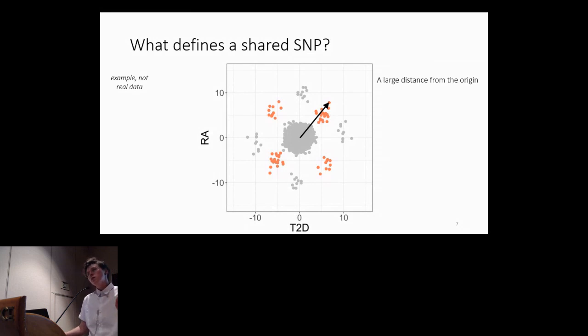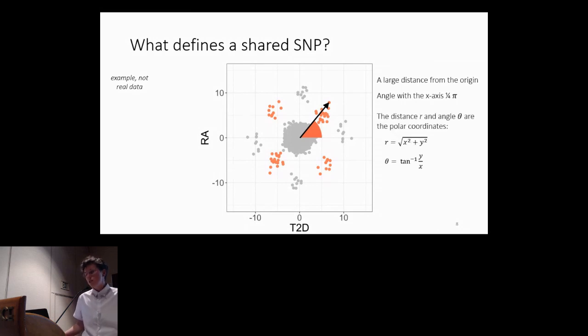But a SNP with a large distance can still have a trait-specific or shared effect. So we also want to look at the angle with the x-axis, because that tells us whether it's trait-specific on one of the axes or whether it's shared. These metrics are actually the polar coordinates, so we can readily convert this from Cartesian coordinates.